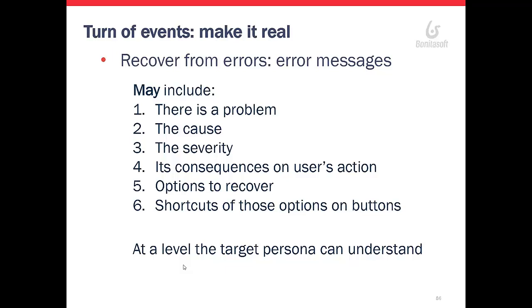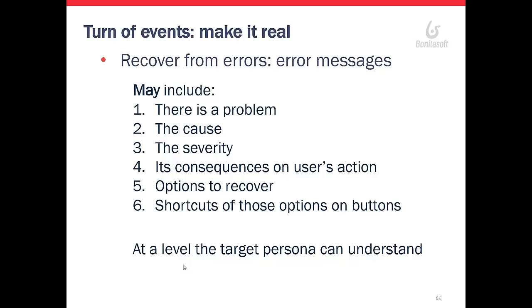You need to state the cause if you think it brings something useful to the user. You may state the severity, same thing, if you think it brings something to the user. You need to say the consequences on the user's action. Remember, the user wants to perform some task, and maybe because of this error, the task has not been performed, or it has been performed partially.